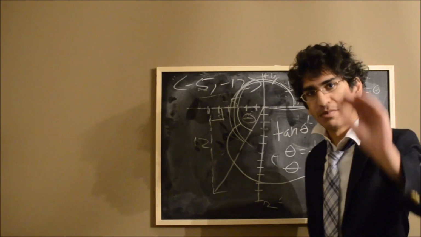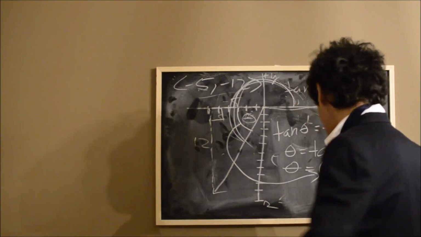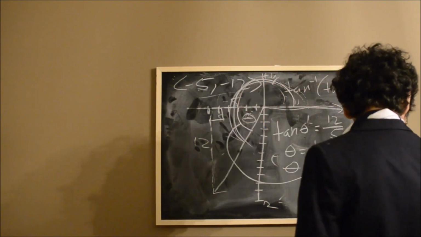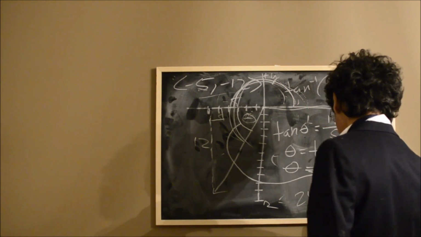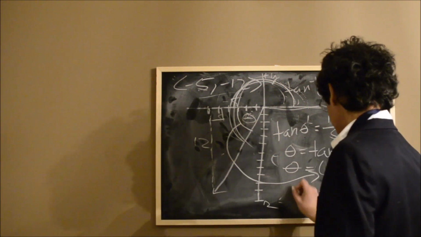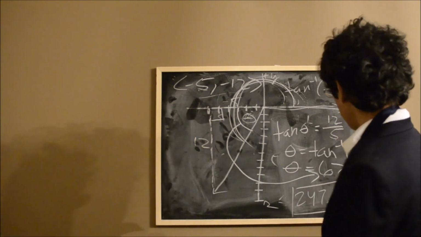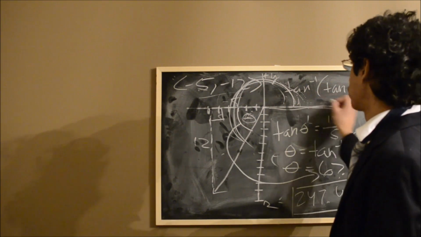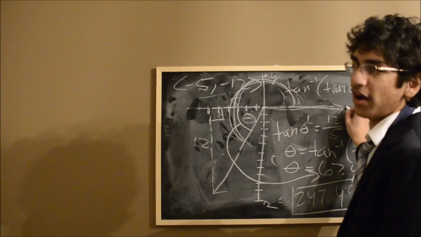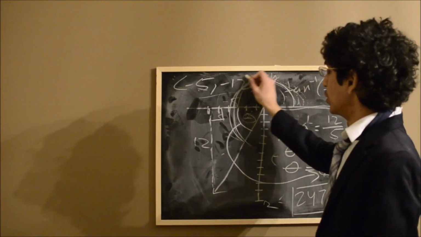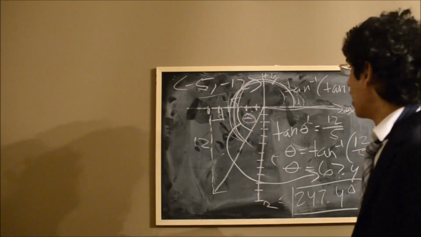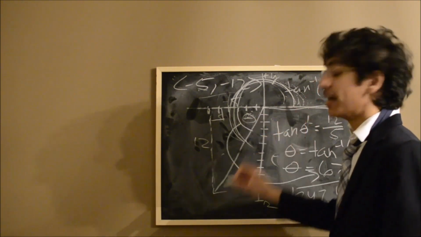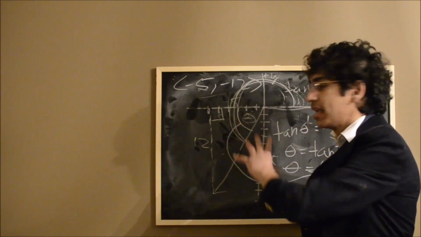Okay, so I've performed very complicated mathematics, and I can now tell you that this angle right here is 247.4 degrees. That's my answer. That's the angle that this vector swings out, starting from the positive x-axis and going counterclockwise. That gives me a specific direction for this vector in a two-dimensional plane.